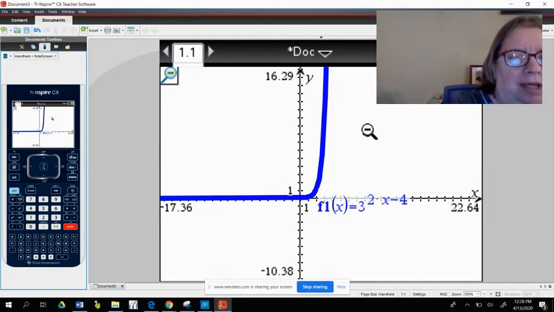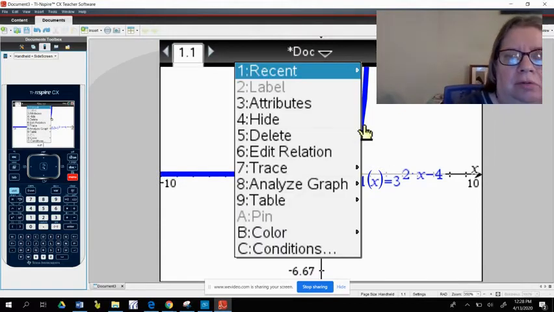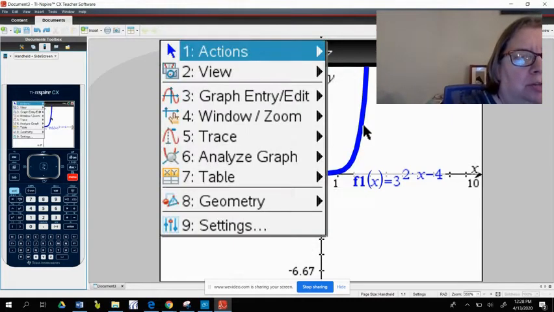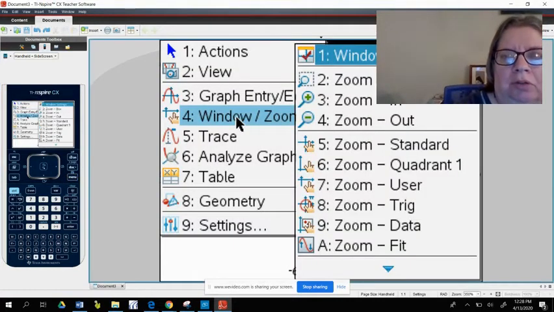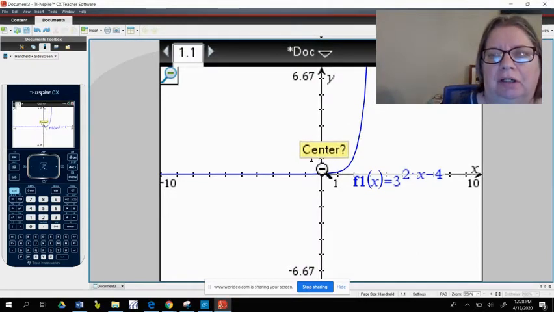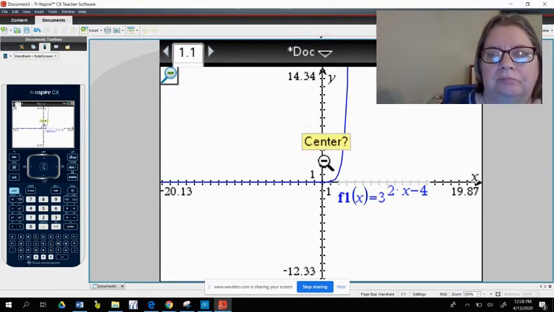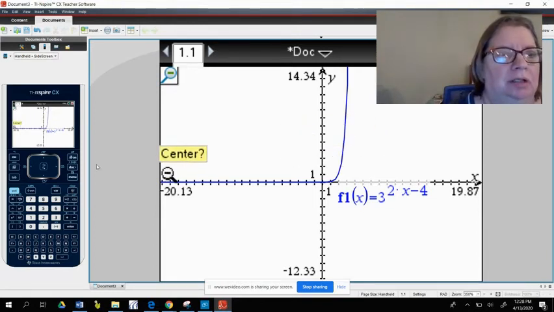Oh, I didn't want to zoom out that bad. Can we undo? Okay, menu, window, zoom out. Let's move the center right here. Why is it not showing that? Okay, let's start over.